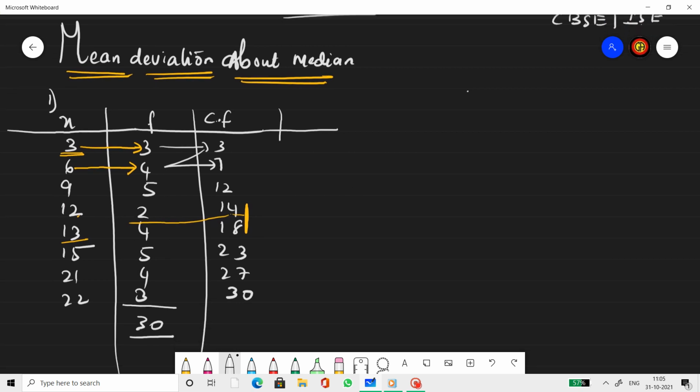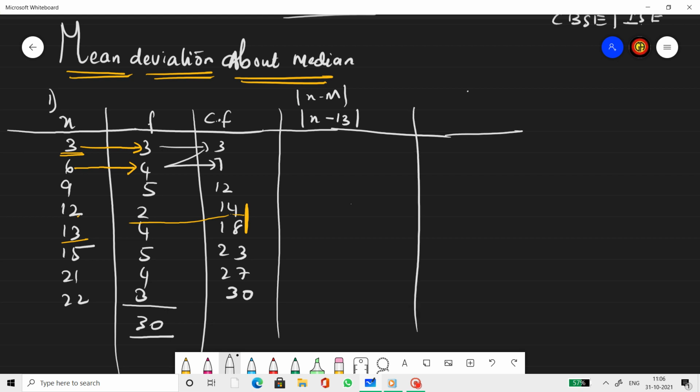So next we make a column which is modulus of x minus m, where m is the median, so x minus 13 will come because median is 13 here. So each and every x value will be subtracted from 13 and the absolute value of that is taken.